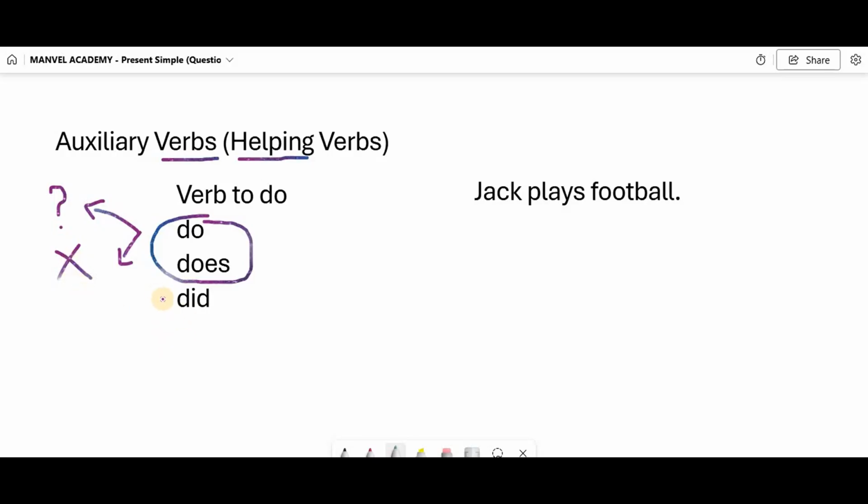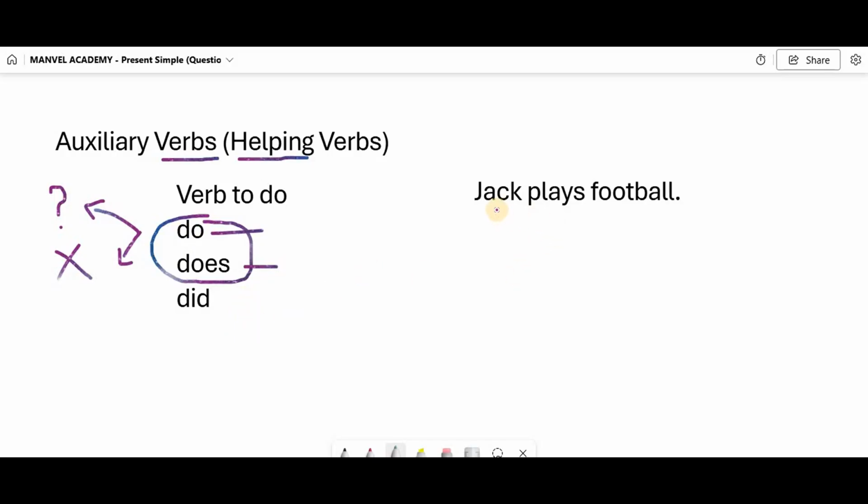Okay? So that's why the auxiliary verb is important, because I need it for the sake of a question, and I need it for the negative. Since I am in the present simple, what are my auxiliary verbs to form a question and a negative? The do and does. How? We will see together.